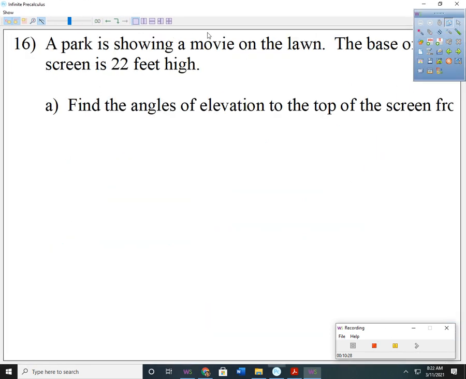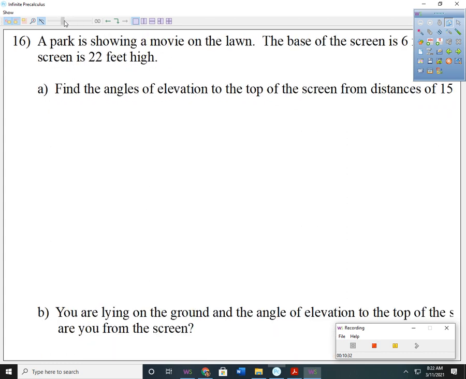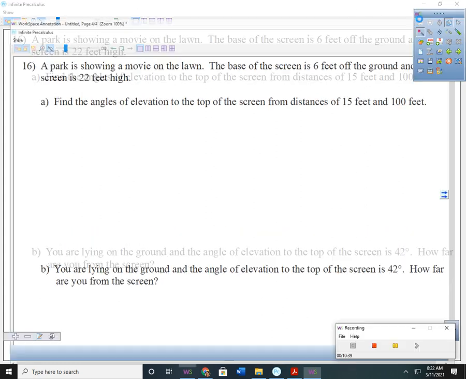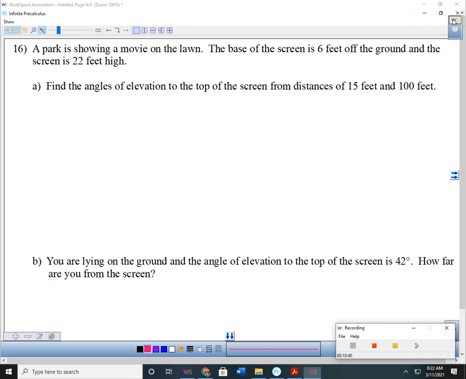Number 16. All right. We have a park that's showing a movie on a lawn. The base of the screen is 6 feet off the ground. Okay, so we have a movie screen right here.